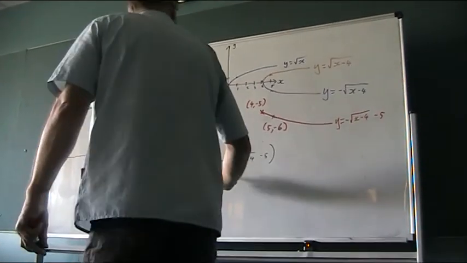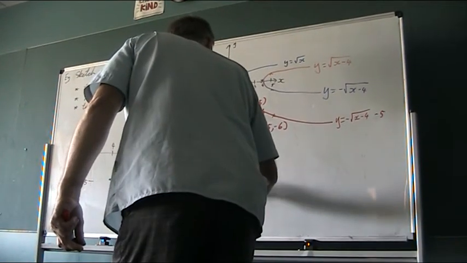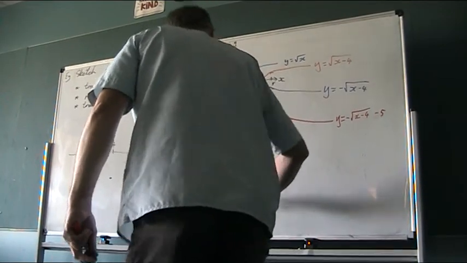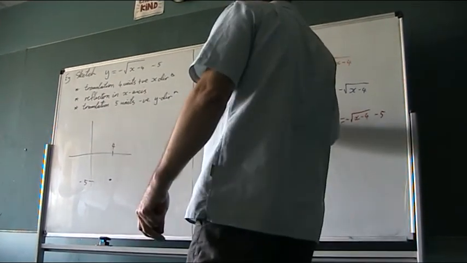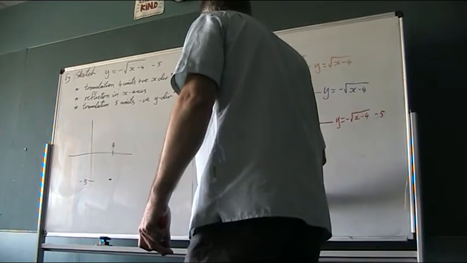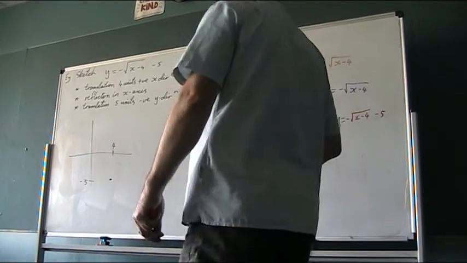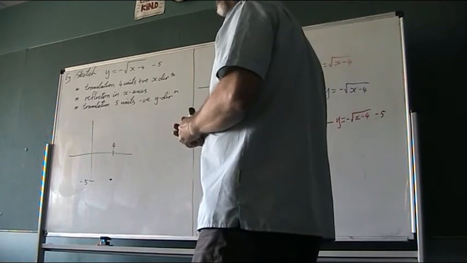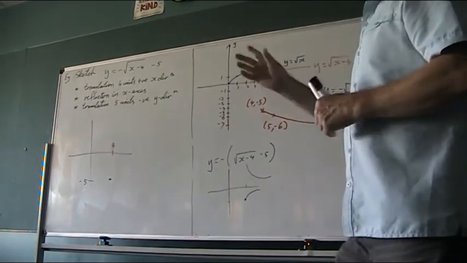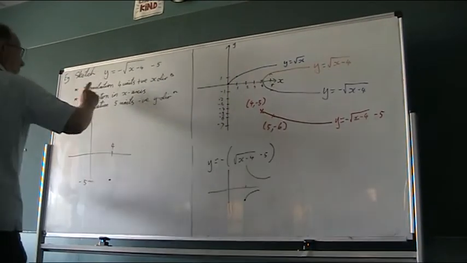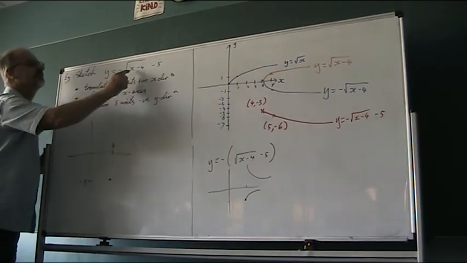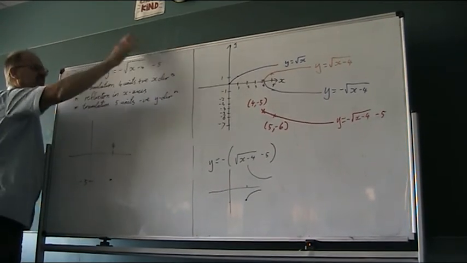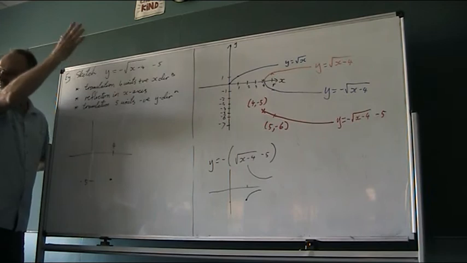So with this one, you're going, okay, I've been translated to there, and so I'm doing this, but now I'm reflecting. So it depends on the order where the thing's done. So that's why I always say, rule of thumb, start with the x, what do you do to it first? You do your function. The function bits is kind of irrelevant.